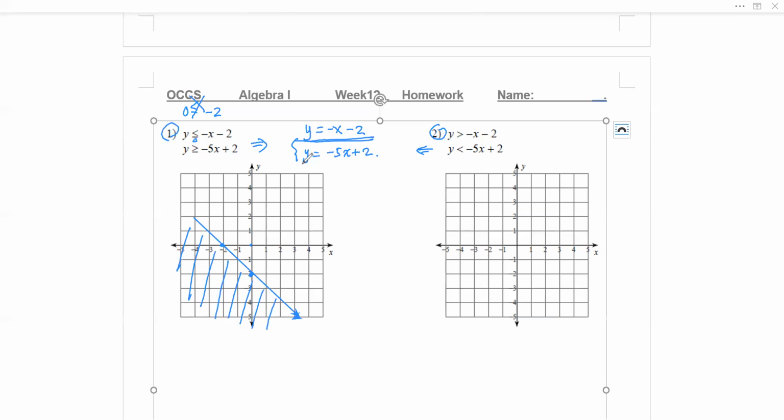All right, let's see the second one: y equals negative 5x plus 2. Let me change to a different color so it's easier to see.